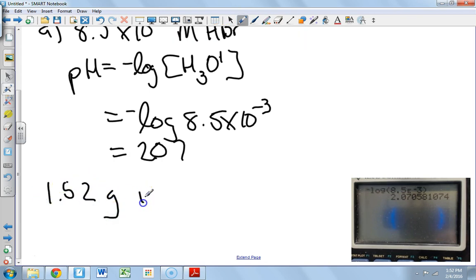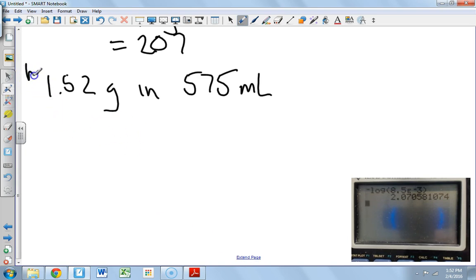Now the acid in this case is HNO3. That's nitric acid. So is nitric acid a strong acid? Yes. Okay. So you get out a periodic table, and we have to figure out how to get concentration.